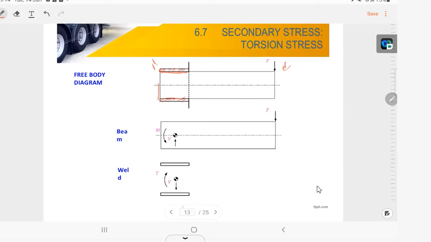Tapi tadi kita ada, okay. Now we have this a beam. Now we have torsion. Okay, kita ada one is direct, and the one is we have torsion.